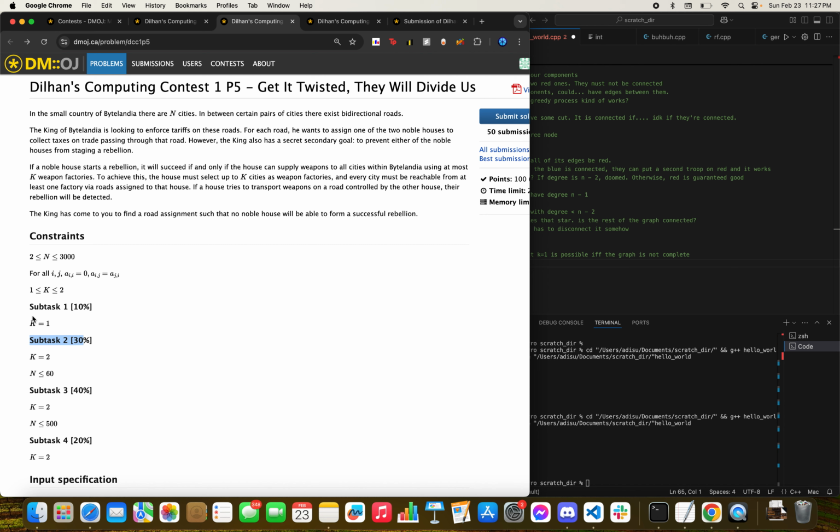Or find two nodes that don't neighbor, right? As long as they don't have degree n minus 1, which they won't. Yeah, just find two nodes that don't neighbor and then claim them both. Red claims one, blue claims the other.